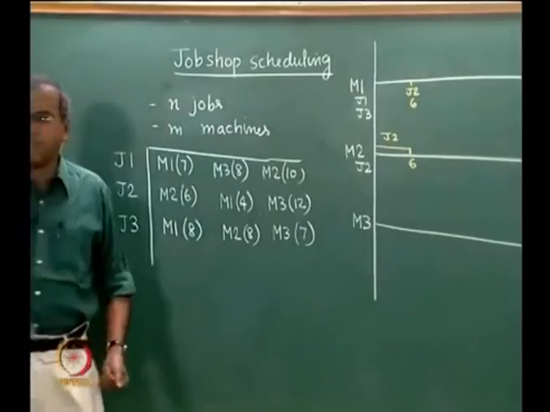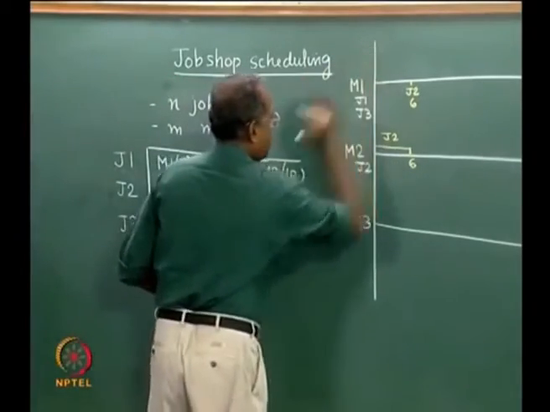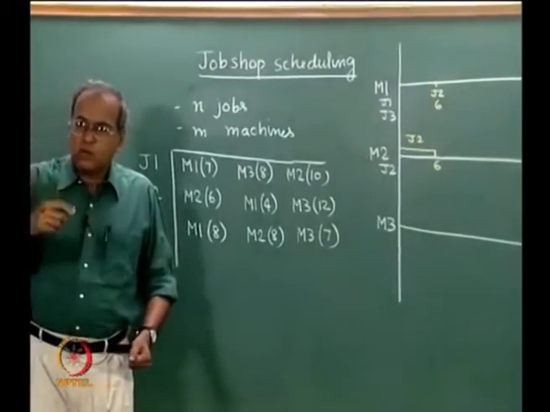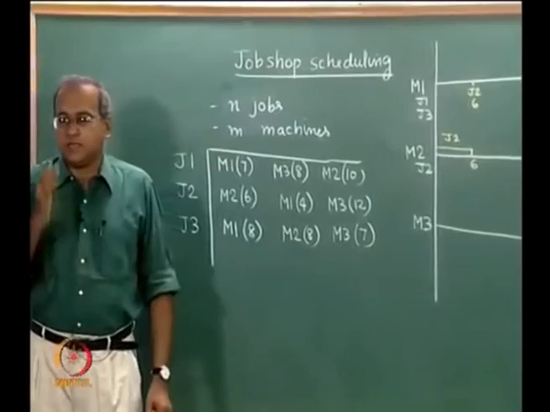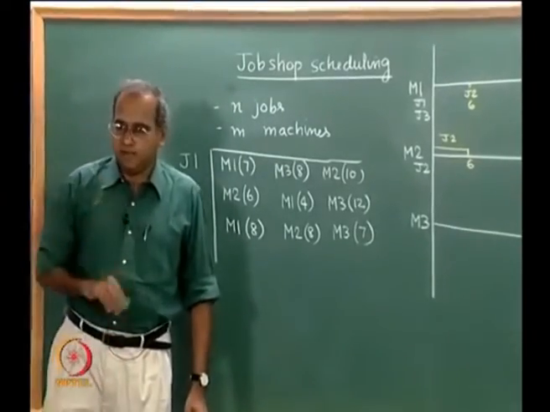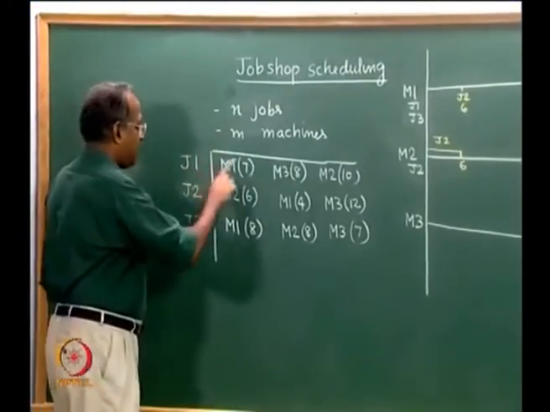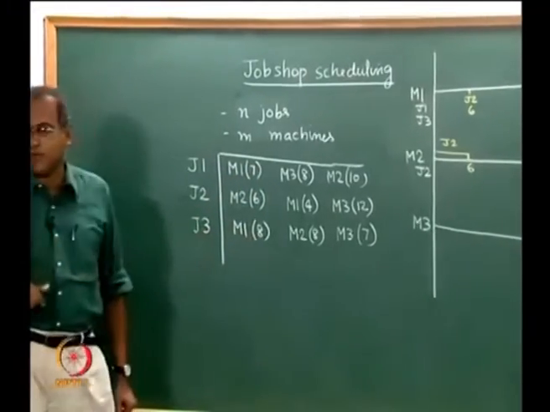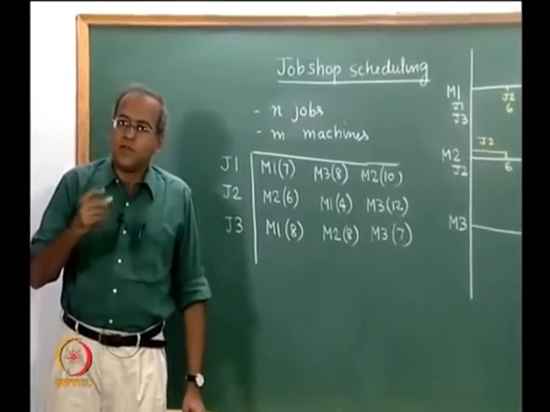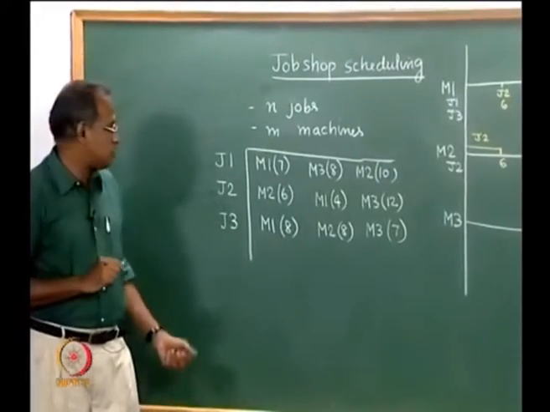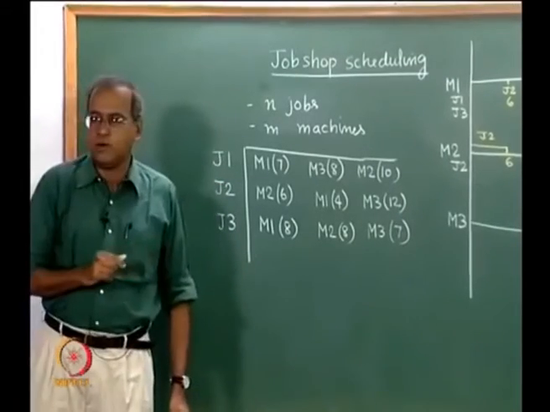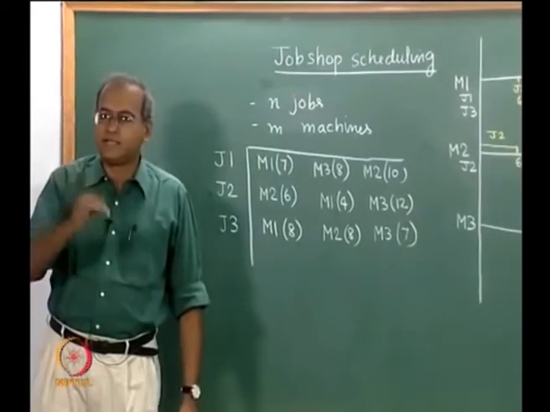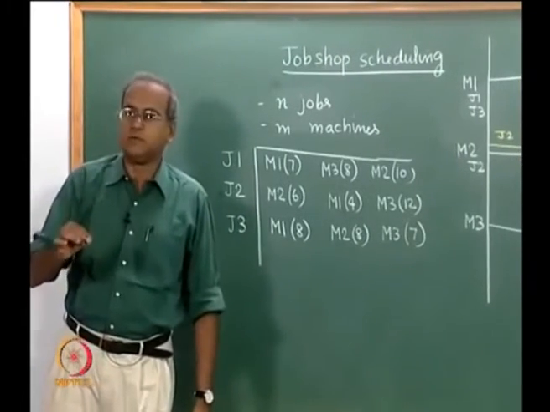There are 2 jobs waiting in front of M1 at time equal to 0. We have to choose only one of them for processing, because a machine can do only one job at a time. Now, J1 requires 7 units of time, J3 requires 8 units of time. So, we would be inclined to choose J1 ahead of J3, because J1 has lesser processing time compared to J3.